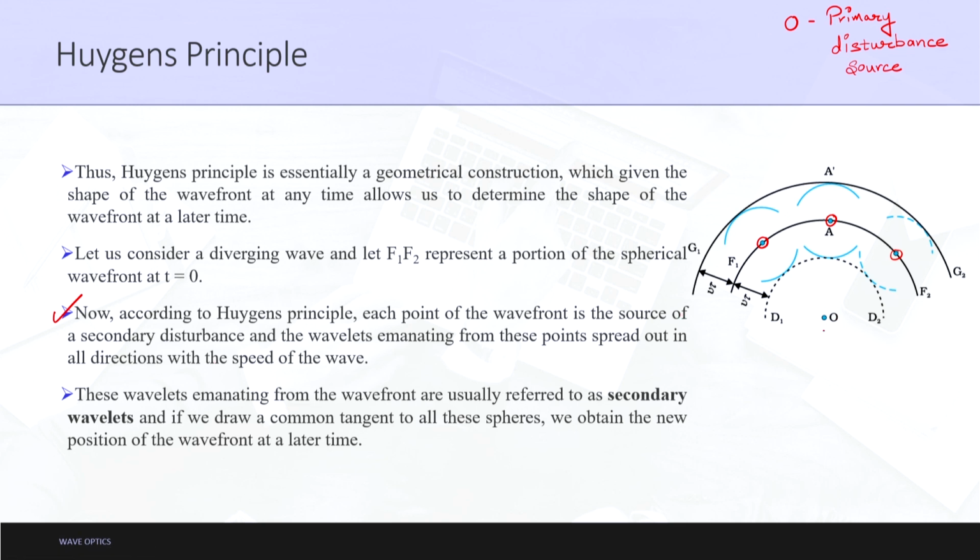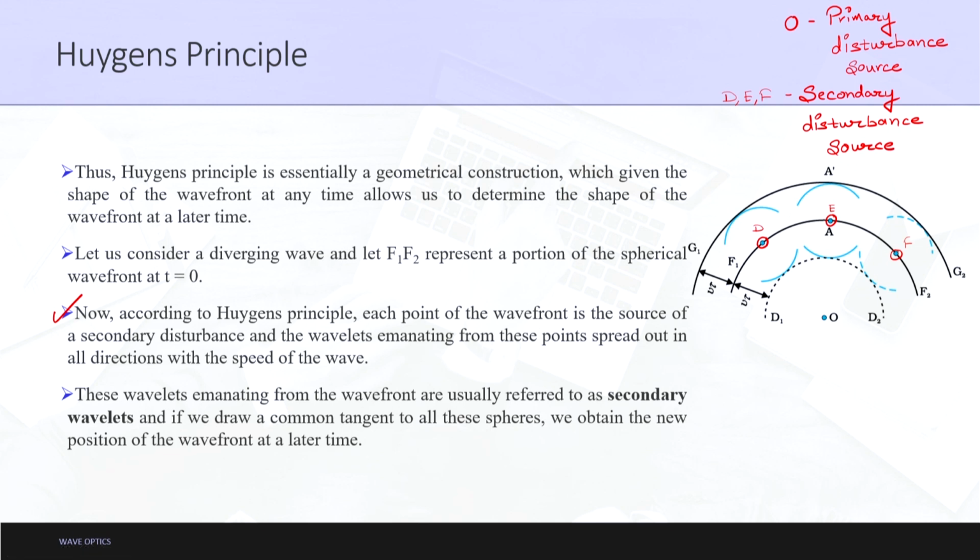As we know that O was the primary disturbance point, let me denote these points as D, E, F. Then D, E, F are secondary disturbance sources.